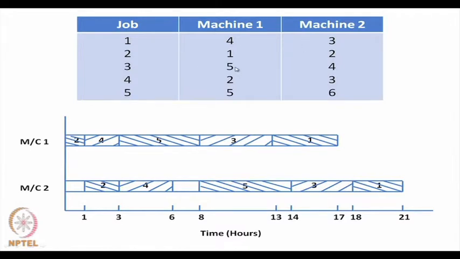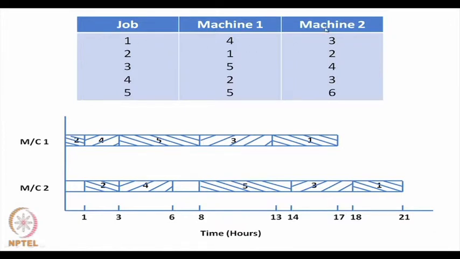Among 1, 3, 5, what is the minimum? These are the values: 4, 3; 5, 4; 5, 6. The minimum is 3. 3 occurs in machine 2 and not in machine 1, for job 1.